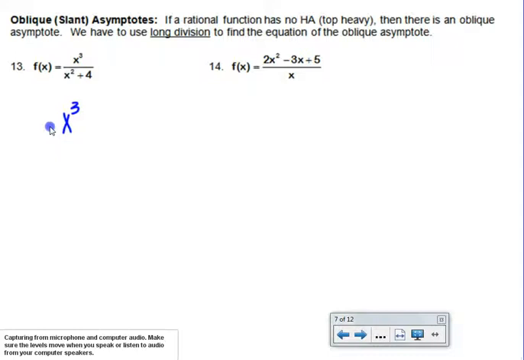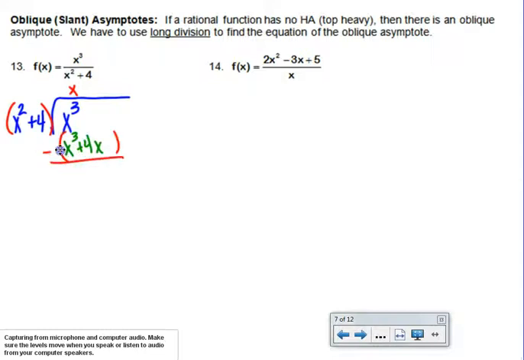x to the third power divided by the quantity x squared plus 4. So long division, x to the third divided by x squared is x. Make sure you multiply it by the remaining part. And then this is a pretty short problem because the third step is to subtract.